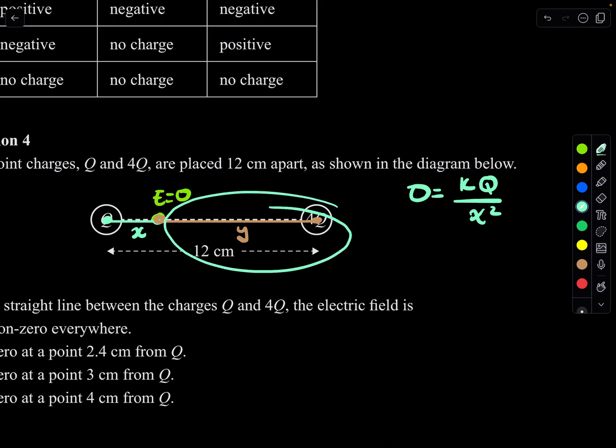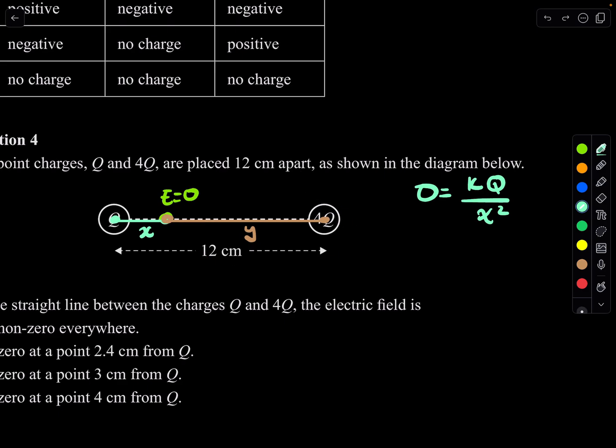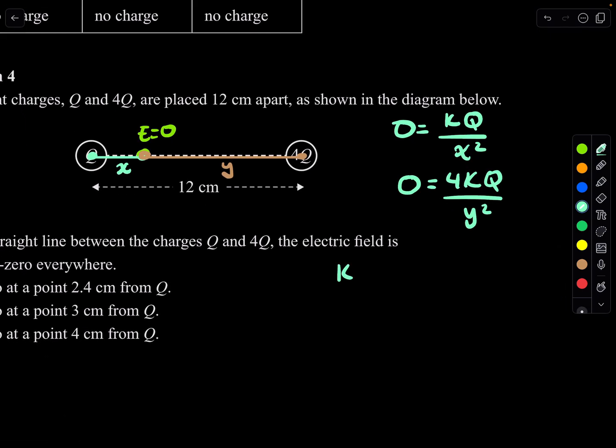And so let's also consider this one over here. Doing the same thing, electrical field is 0 at that point, K, but our charge is 4Q, so it's going to be 4KQ over Y squared. And because they both have the electrical field at 0 at the same point, we can equate these two. KQ over X squared is equal to 4KQ over Y squared.